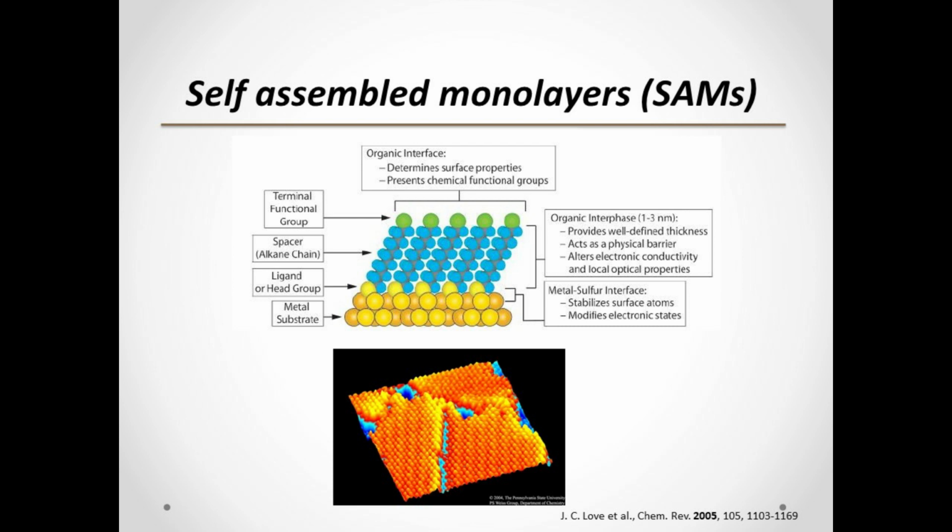But if you don't intend to make another reaction, and this is the only layer that you have, then this final functional group will determine the surface properties, for instance the biocompatibility, maybe the wettability, and other properties that are important for your application.